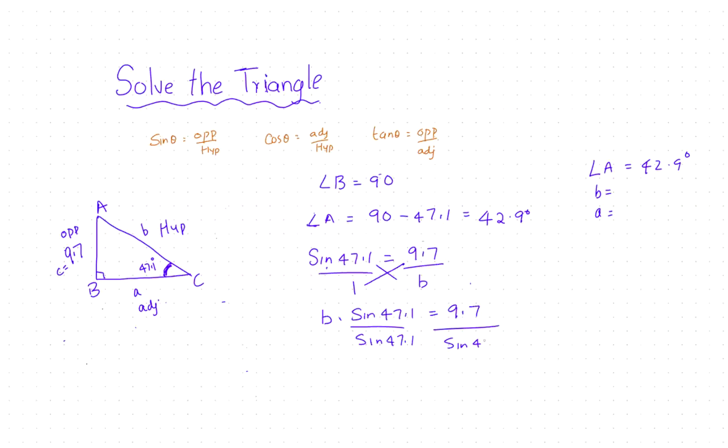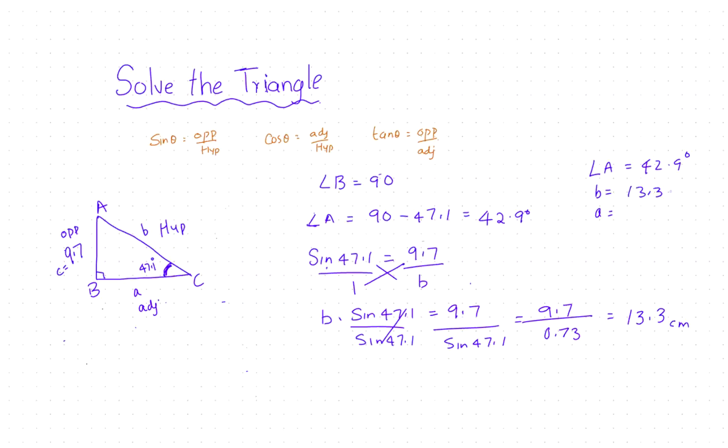So it comes to 9.7 divided by sine 47.1, which is 0.73, so 9.7 divided by 0.73 comes to 13.28, or 13.3 centimeters we can write. So side B we got 13.3 centimeters.